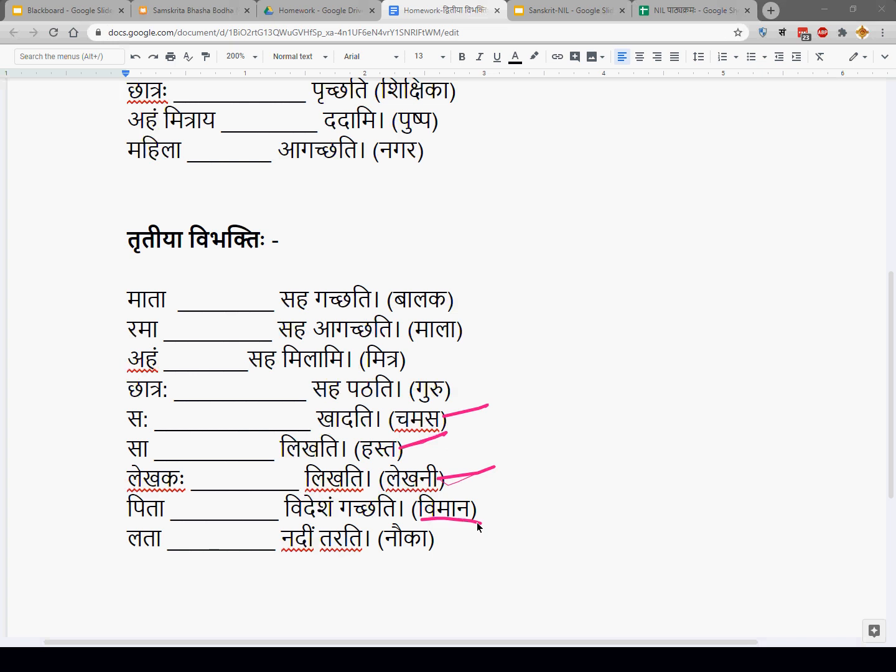And what is the lingam of Vimana? Anybody? Pullingam, Strilingam or Napusakalingam? Pullingam? Yeah, Jessica.